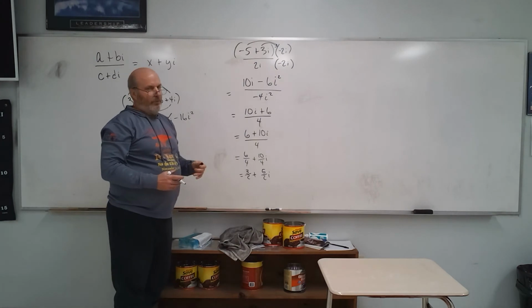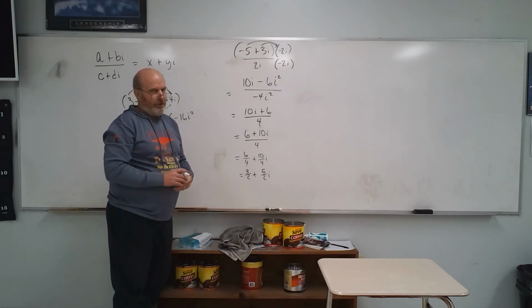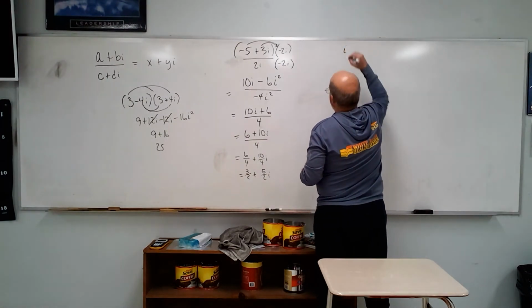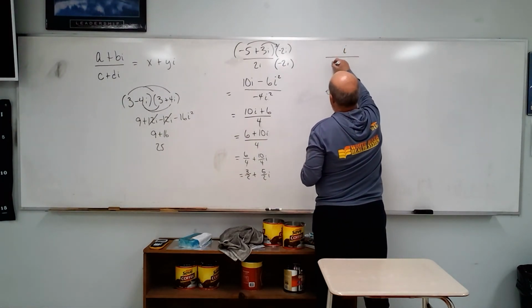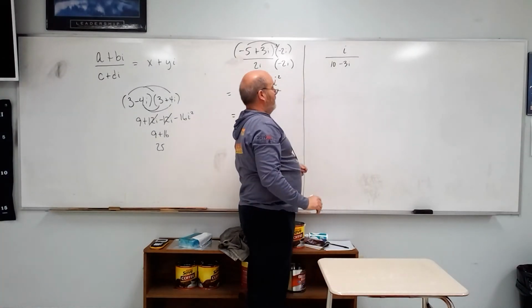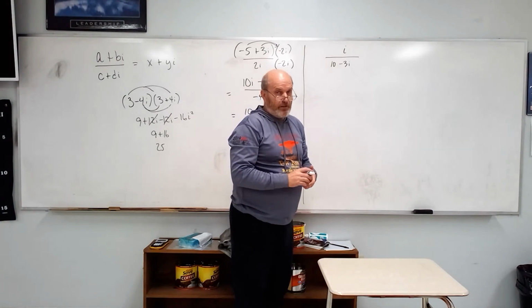So now let's look at one where we have a strictly imaginary number in the numerator. Let's say we have i divided by 10 minus 3i. Once again, I've got to rationalize the denominator.